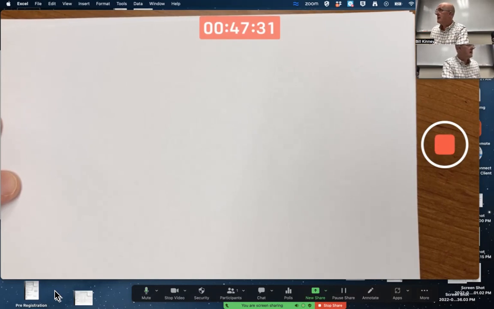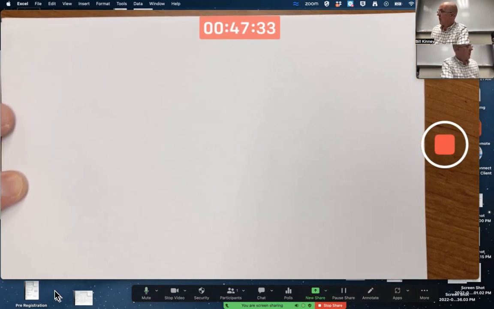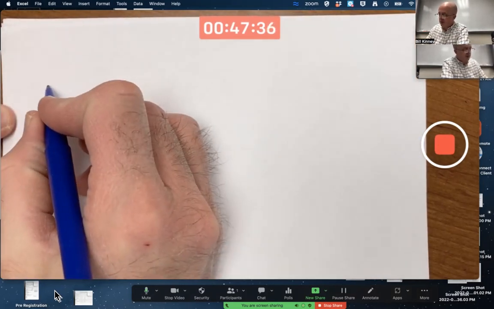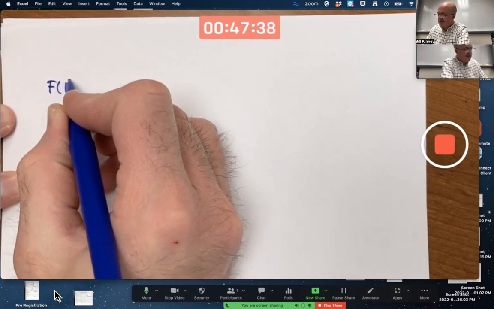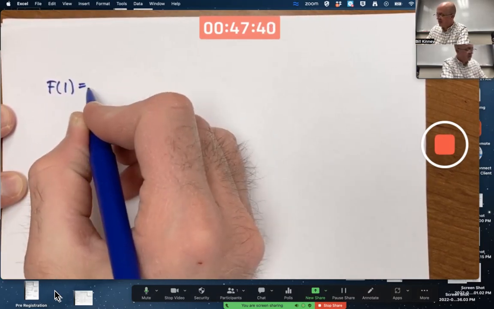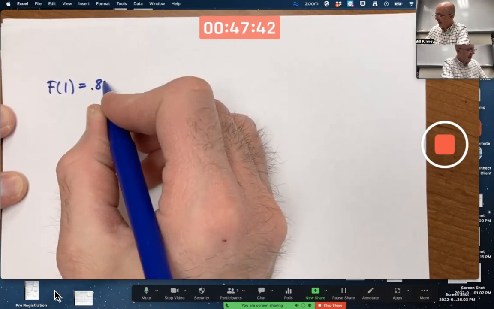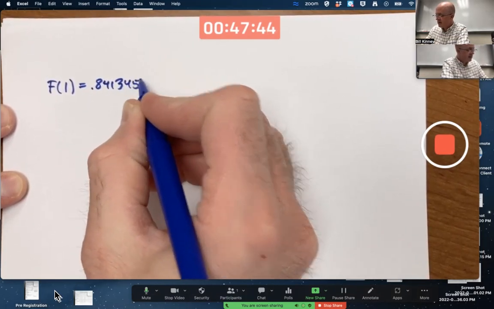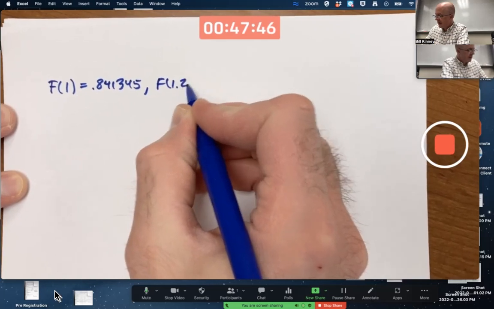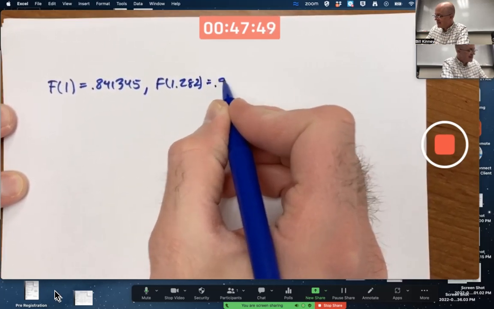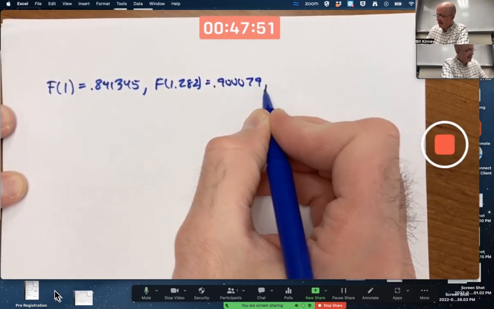For our final 27 minutes or so, we're going to consider the same problem. We're still approximating the CDF of a standard normal distribution based on these data. F of 1 is 0.841345. F of 1.282 is 0.90079.